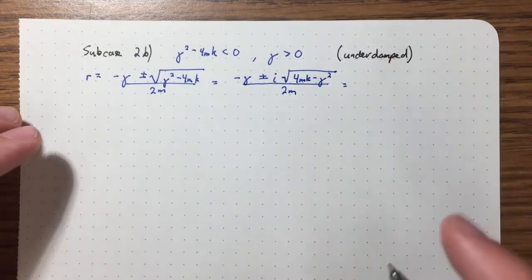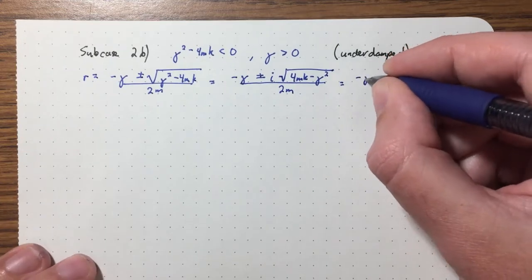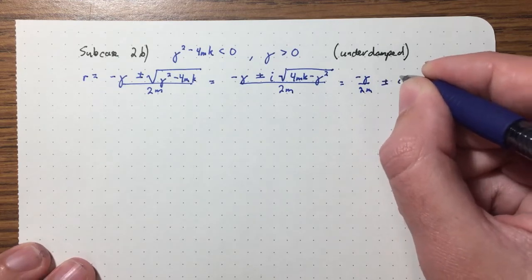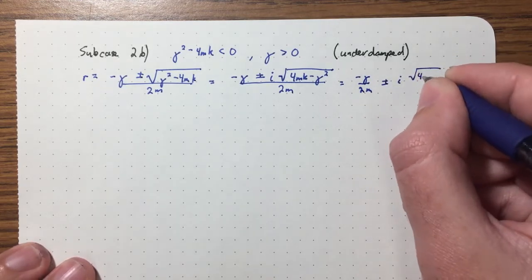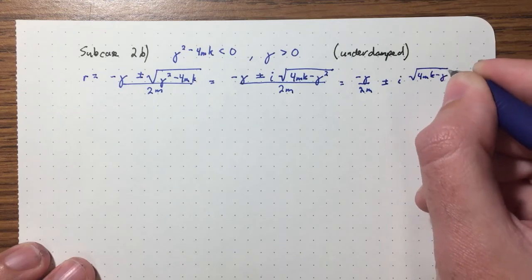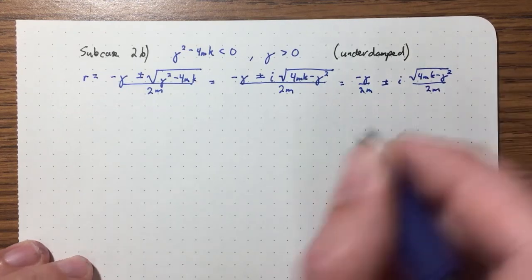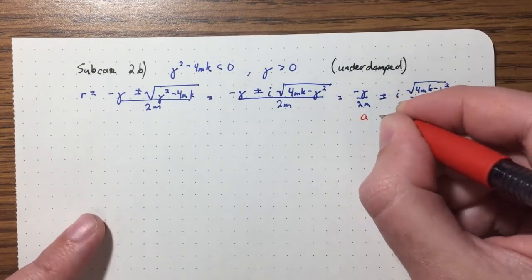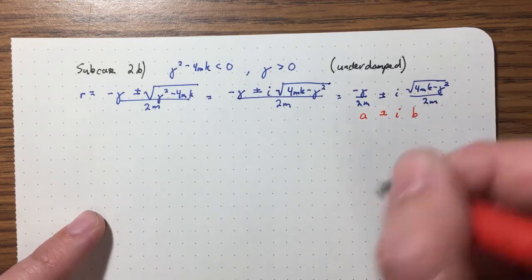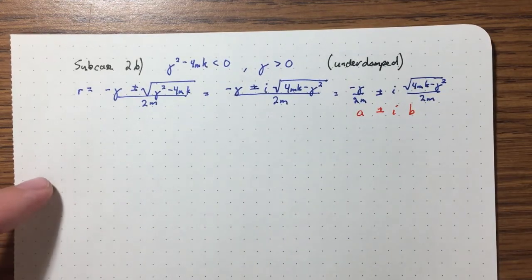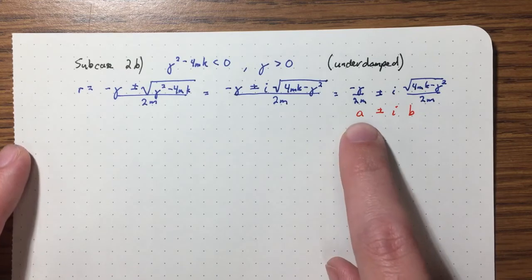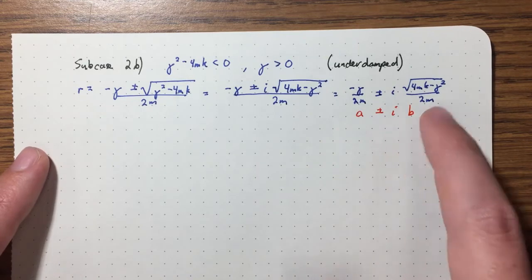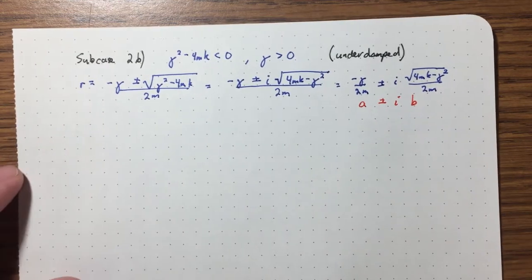Now let's write this in a plus bi form. So we have negative gamma over 2m, plus or minus i times square root of 4mk minus gamma squared over 2m. Okay? And so this is a plus or minus ib. And if we recall, the solutions are going to look like e to the (a plus ib) times t, and we need to take the real and imaginary parts of that.